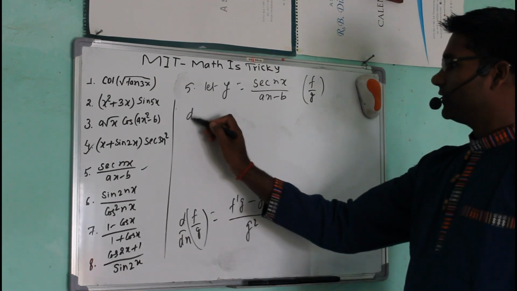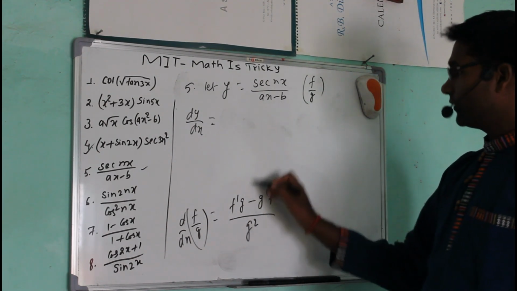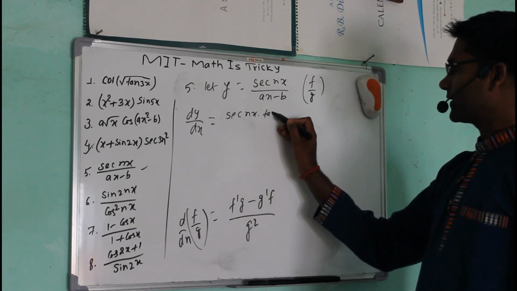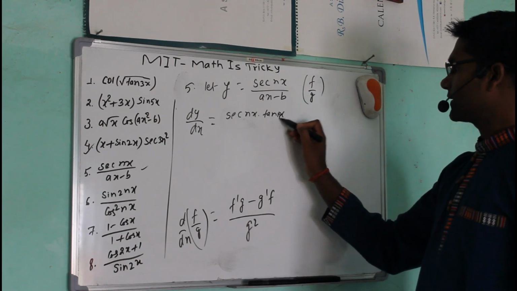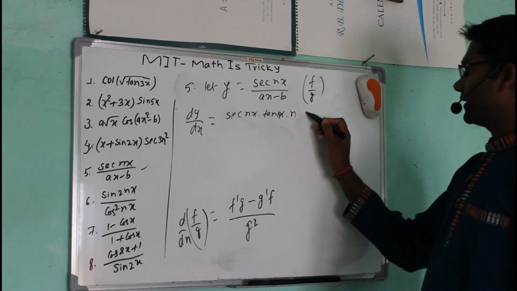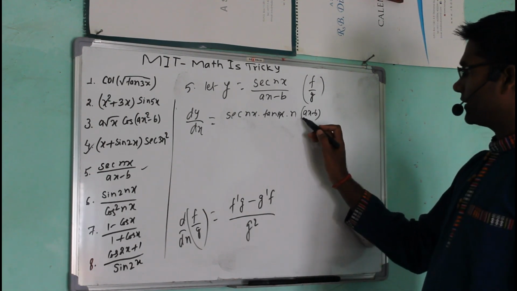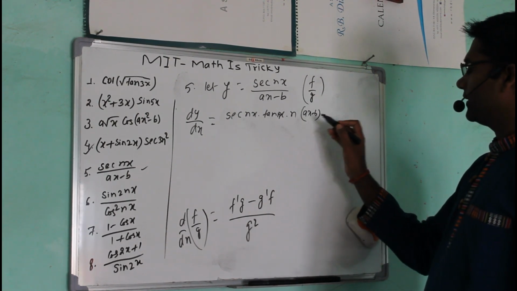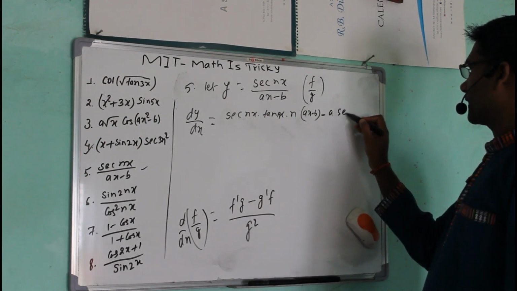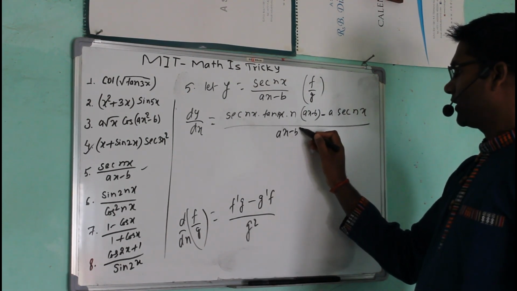So let's write dy by dx will be simply derivative of first, which means sec nx tan nx into the angle derivative, remember, n, into second, ax minus b, minus derivative of second, g dash, which will be simply a, and then sec nx, by ax minus b whole square.